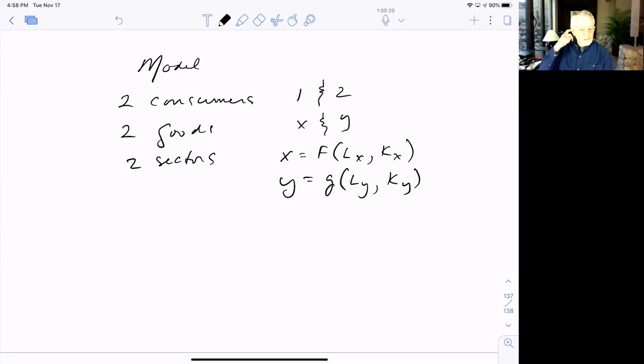Now, to make this function like a perfectly competitive economy, we assume that both of these production functions produce with constant returns to scale. Therefore, there will be zero profits.